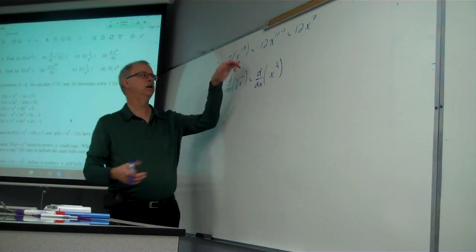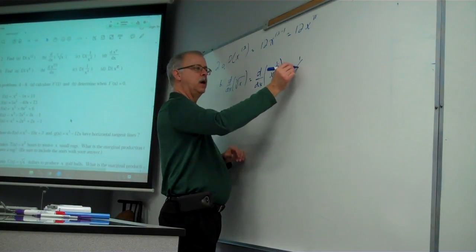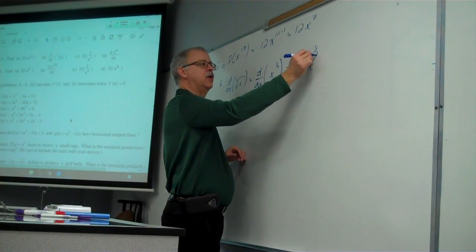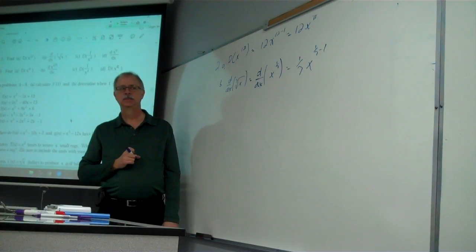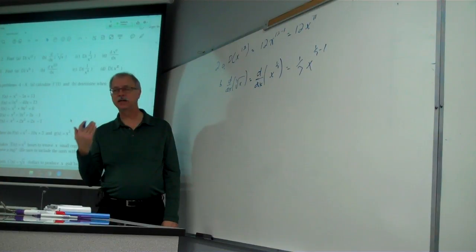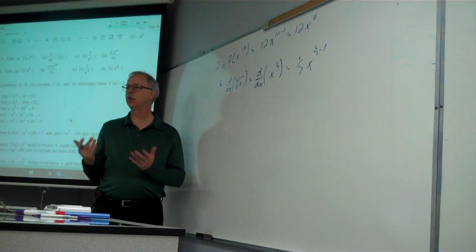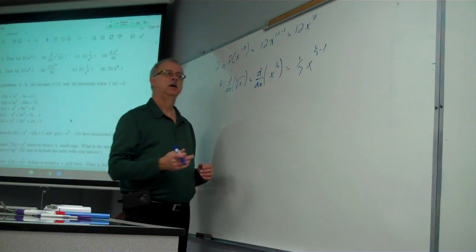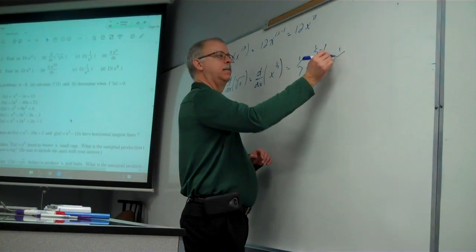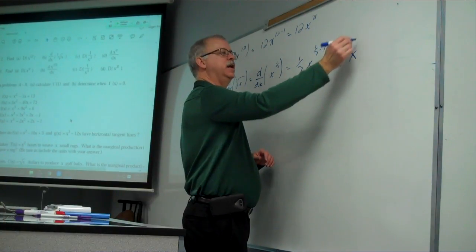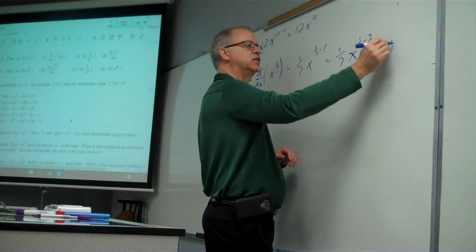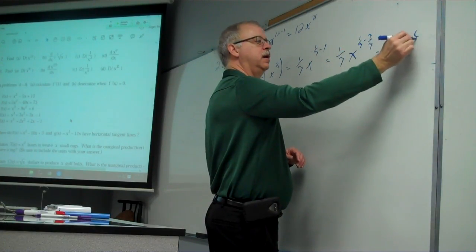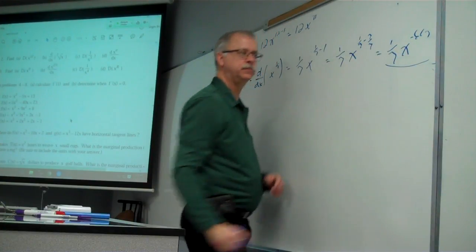Derivative of x to a power, we can bring the power down and subtract 1 from the power. Now, with the fraction, subtracting 1 from the power is a bit more complicated as well. One is 7/7, and so 1/7 minus 7/7, we get here negative 6/7.